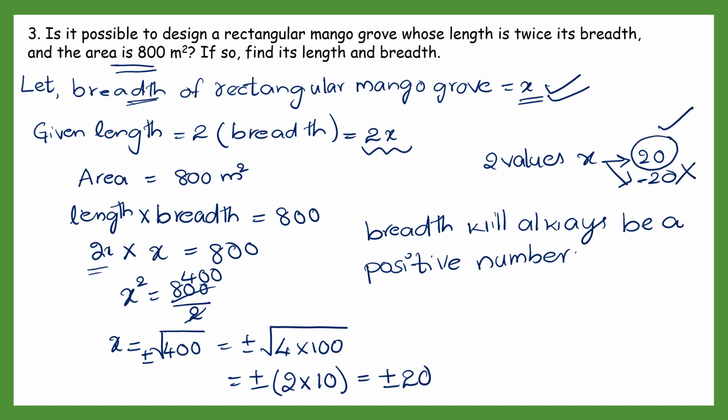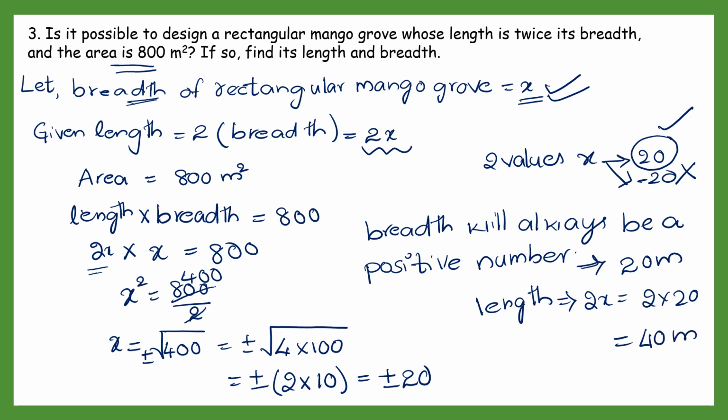X is equal to minus 20 cannot be considered. So breadth is equal to what? 20 meters. Then length will be what? Length is 2 times x. That means 2 into 20, that is equal to 40 meters. So we got length of the rectangular grove is 40 meters and breadth is 20 meters.